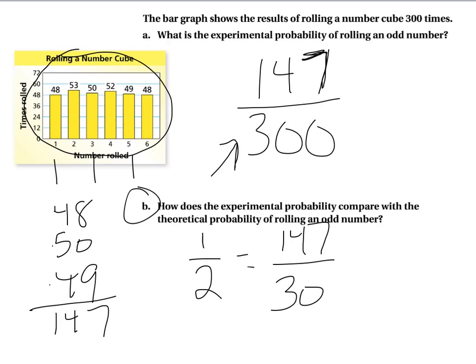So it was close because 150 over 300 would be 1/2. So it was close, but slightly less. We got a few less odd numbers than we did even. So our experimental and our theoretical probability were close, but we had slightly less than 1/2 of the theoretical. Hope you followed that.